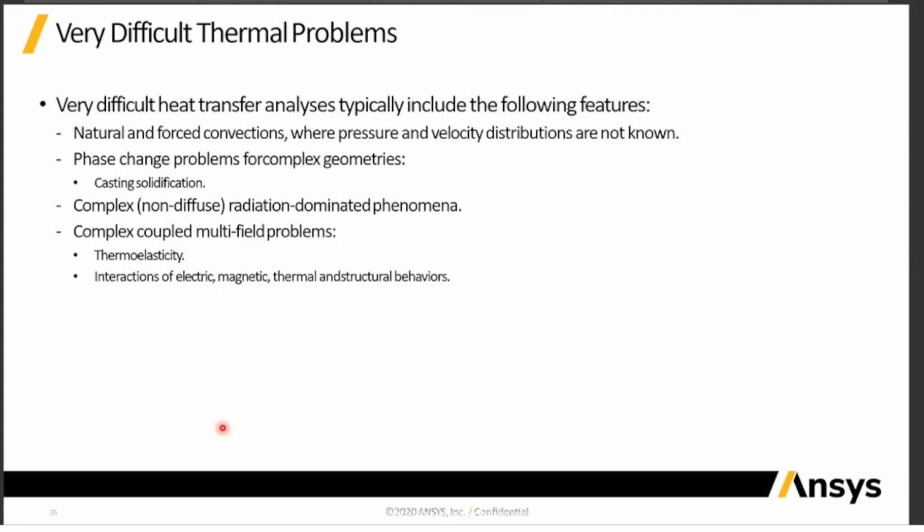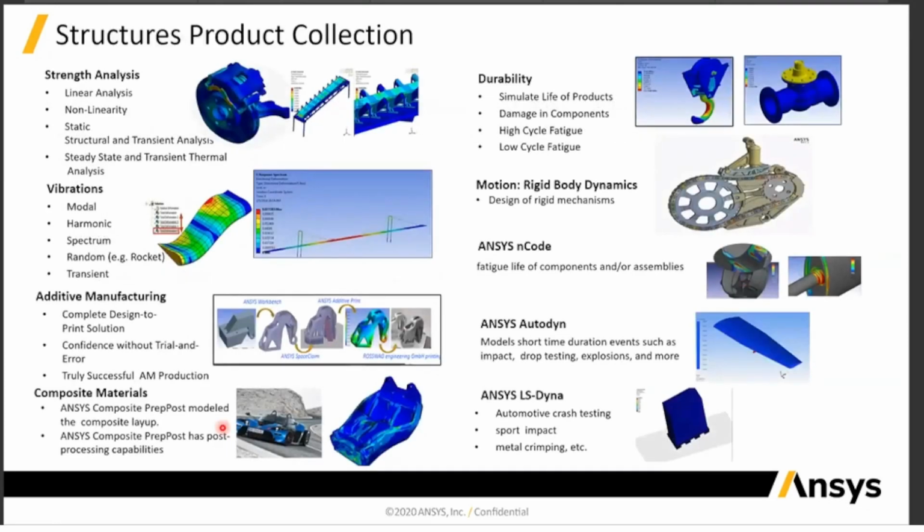Or there would be some problems where you have to include the CFD results in the thermal problem. You do the thermal analysis in CFD, and later you can find the thermal stresses by importing those temperature results into the structural analysis. Such problems can also be solved with the help of the Ansys working environment.